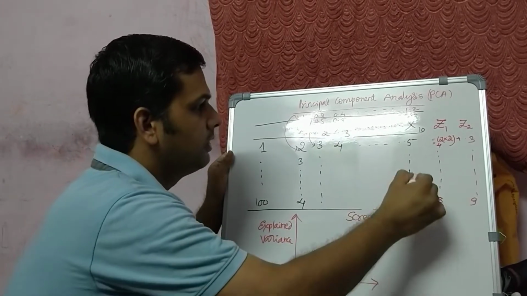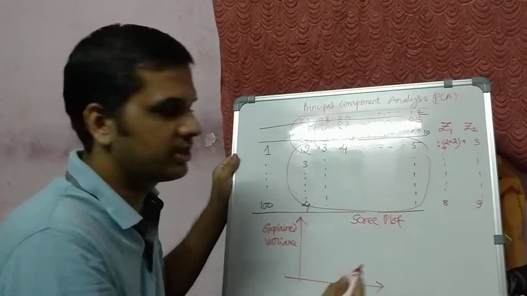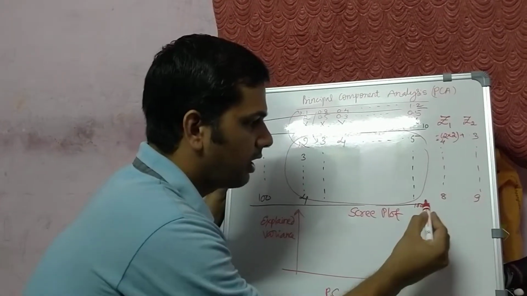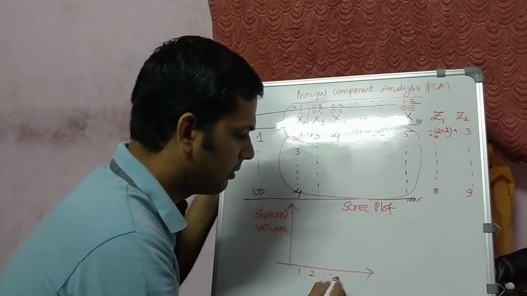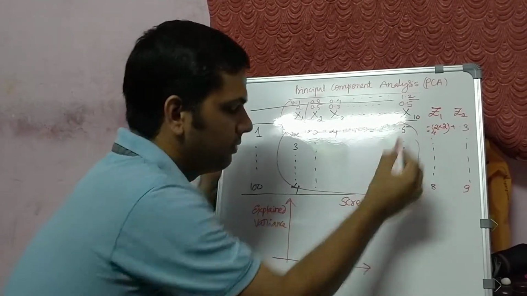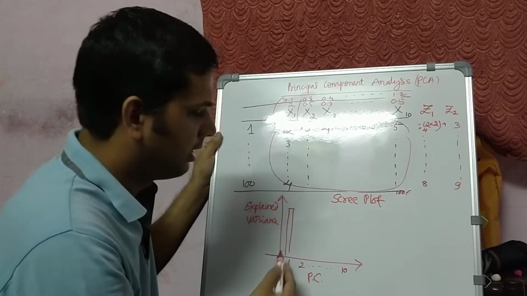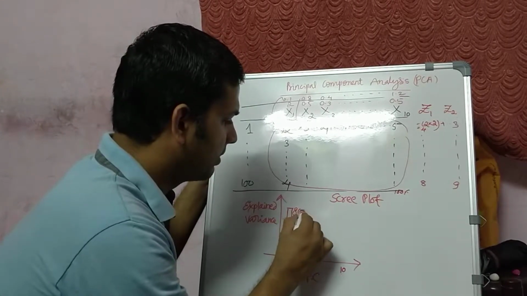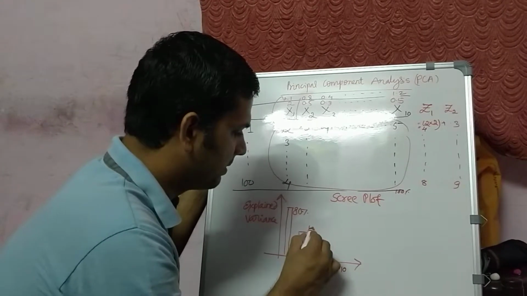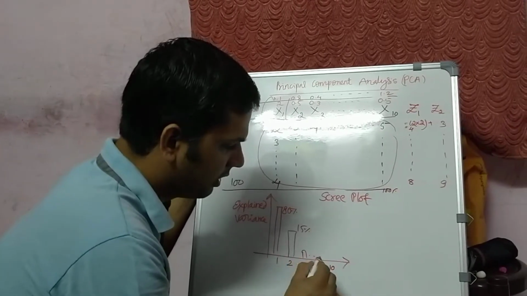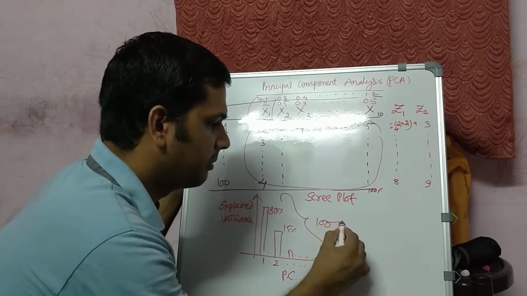If we assume the total variation in the data is 100%, it shows what percentage is explained by the first principal component, the second principal component, and so on. If we have 10 variables, we will have 10 principal components. Let's say the first principal component explains around 80%. Next will be, let's say, 15%, and so on. It goes on reducing, and if we add all these principal component variations, it will be 100%.